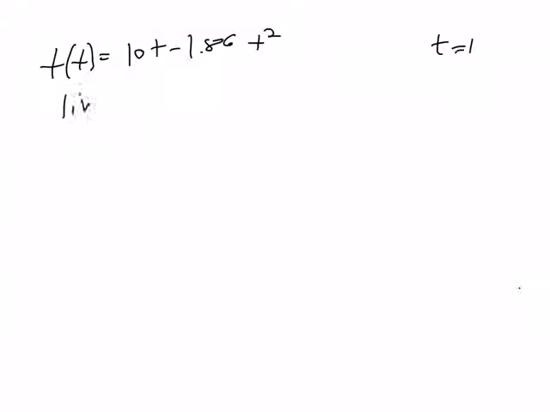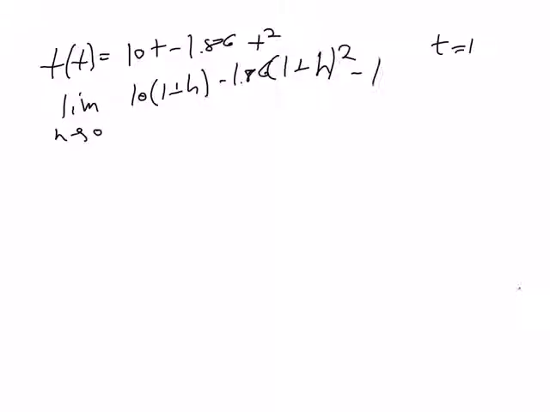So again, we take the limit as h goes to 0 of 10 times (1 plus h) minus 1.86 times (1 plus h) squared, minus 10 plus 1.86, all over h.